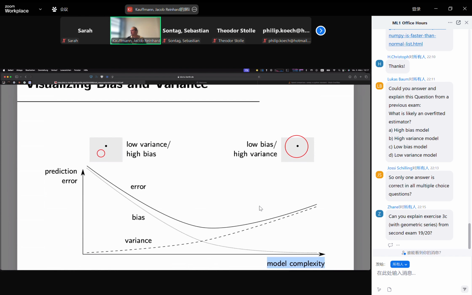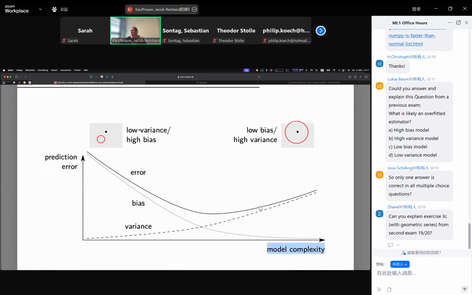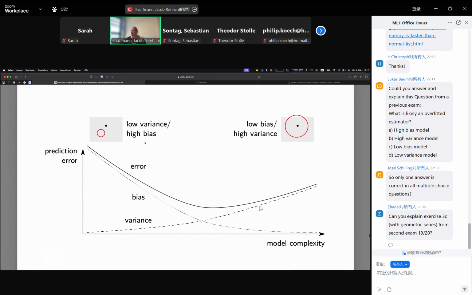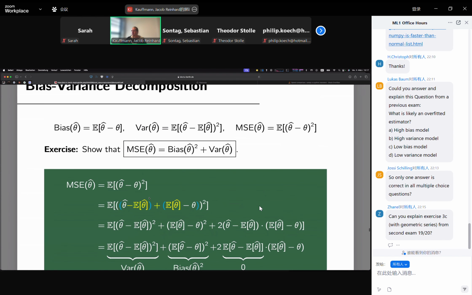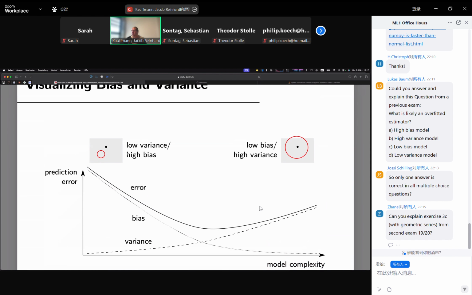In this plot, it shows something in one dimension, but it's actually two-dimensional, right? Because you would need one dimension for the variance and one dimension for the bias. So it's a bit simplified, I guess. Low bias means that your estimator approaches the true value if you have enough data.